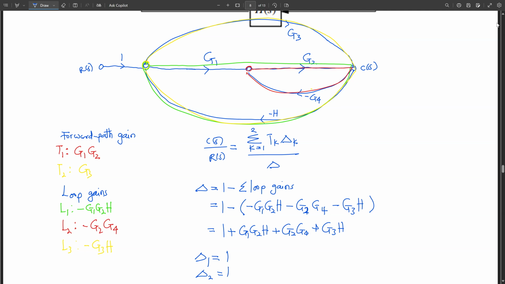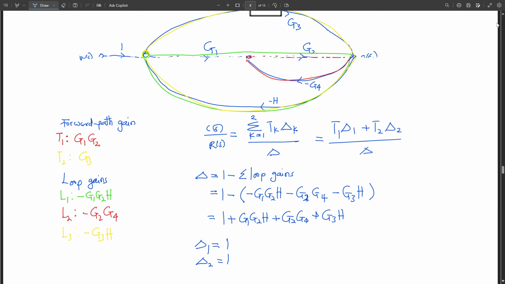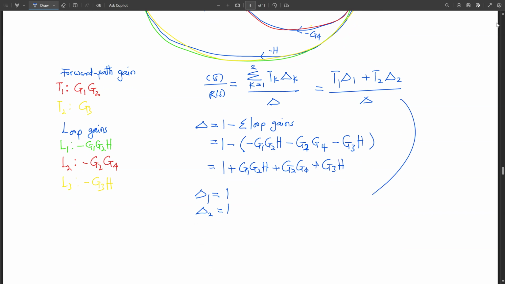And I know by now you are getting used to how to find the delta 1 and delta 2 and then the delta, right? So after you found all these, the rest becomes easy. You just have to put the formula T1 delta 1 plus T2 delta 2 all over delta. I'm continuing here.